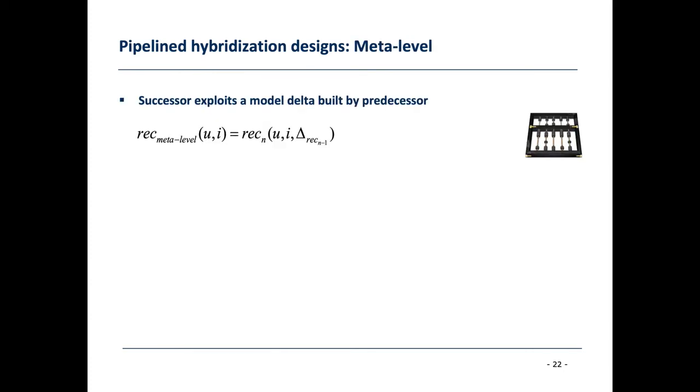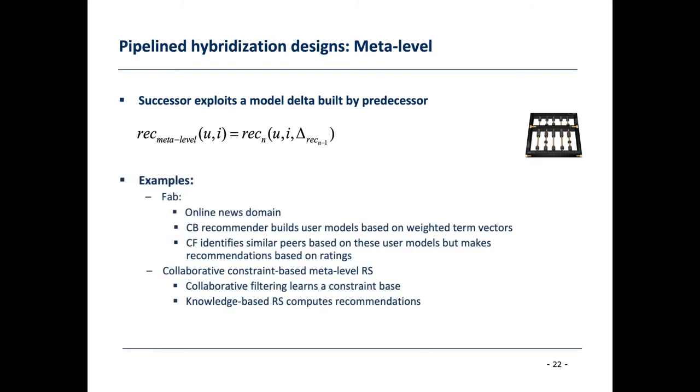So it's also possible to use a recommender that uses a model built by the predecessor. If you will, I'm generating a matrix that is generated by the predecessor or some model. It doesn't simply have to be a set of things. It can be a set of things that have more information associated with it.